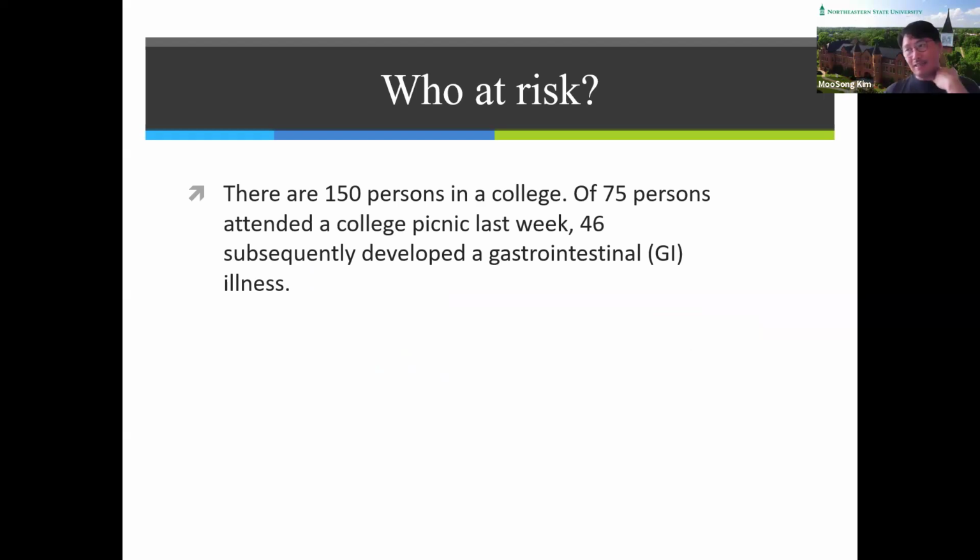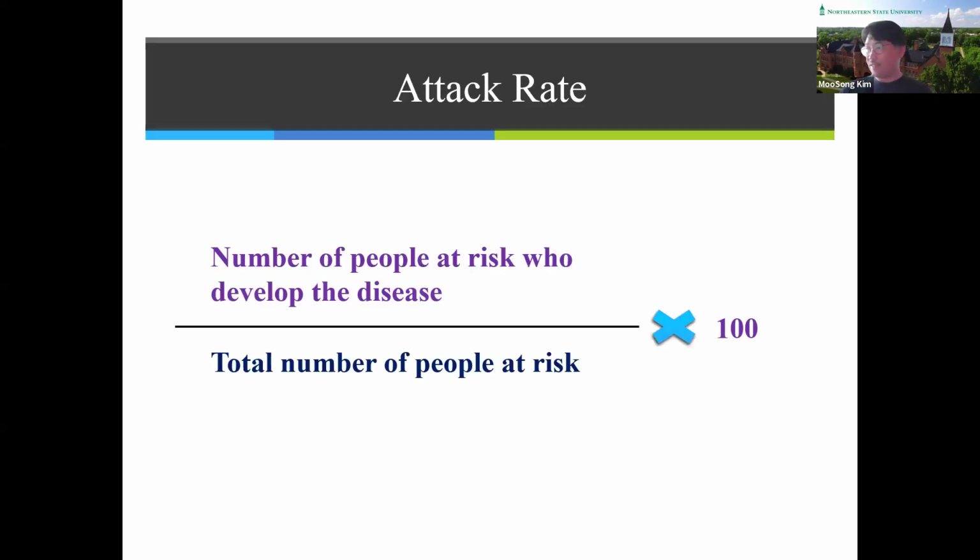In this example, there are 150 persons in a college. Seventy-five persons attended the college picnic last week, and 46 subsequently developed gastrointestinal illness. So go back to the previous slide. The number of people at risk who developed the disease, right?